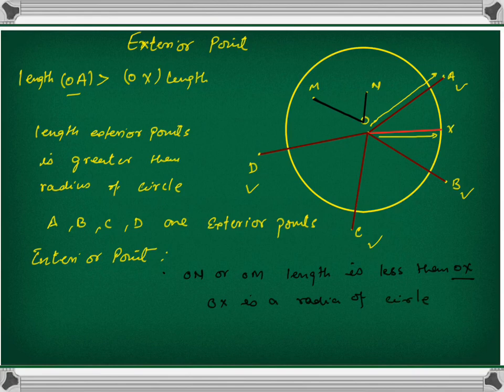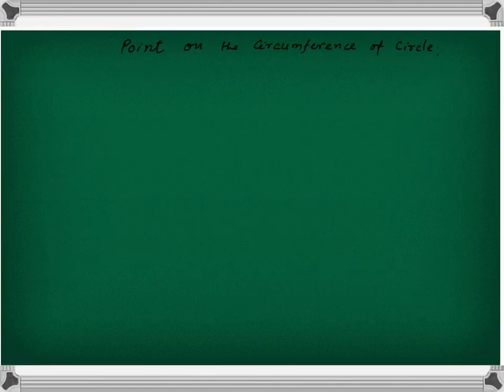So the interior point is always drawn in the same plane, and the length of the point from the center is always less than the radius of the circle. Okay. So now we will talk about the point on the circumference of the circle.